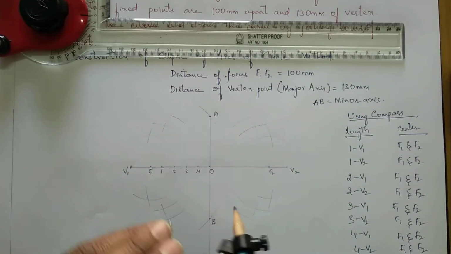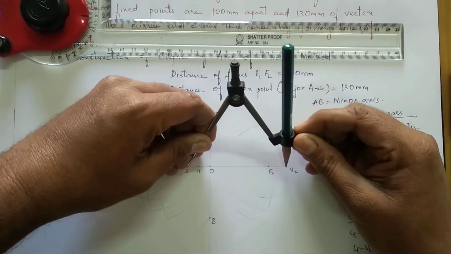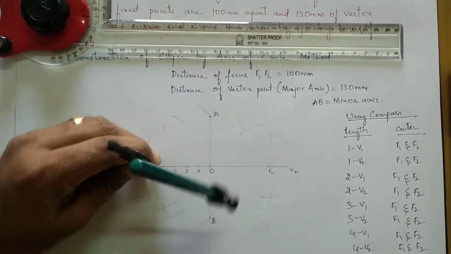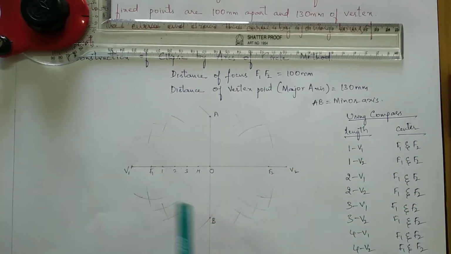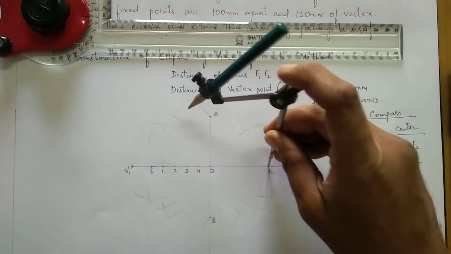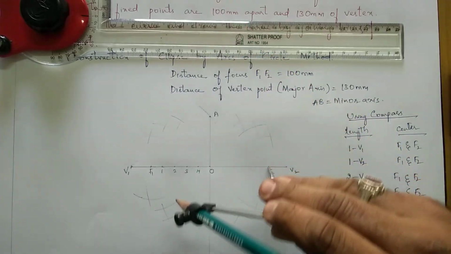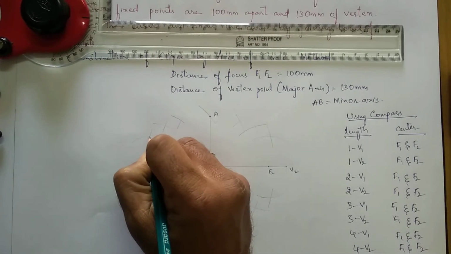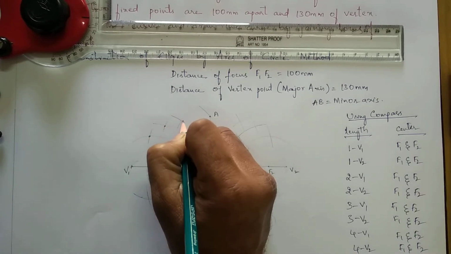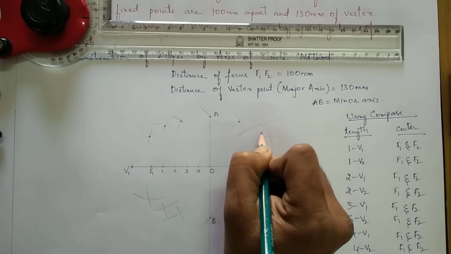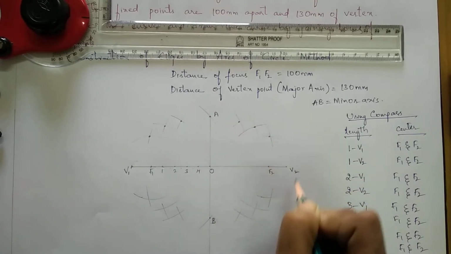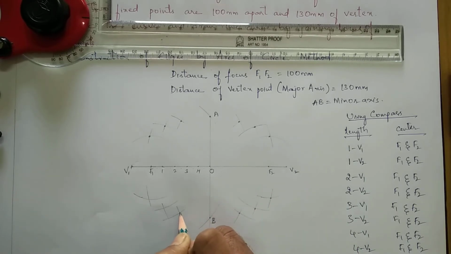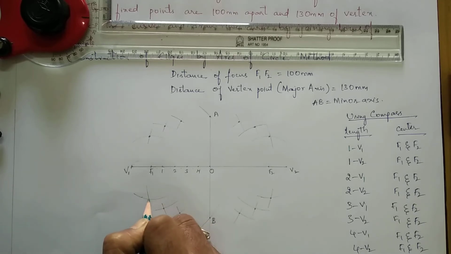Now next, 3 to V2 length, F1 as a center, previous arc, F2 as a center, previous arc. So in order to avoid confusion, mark the points of the arcs that are being intersected. Sometimes it may get you confused, so you can make a mark of these points as a point of identification.